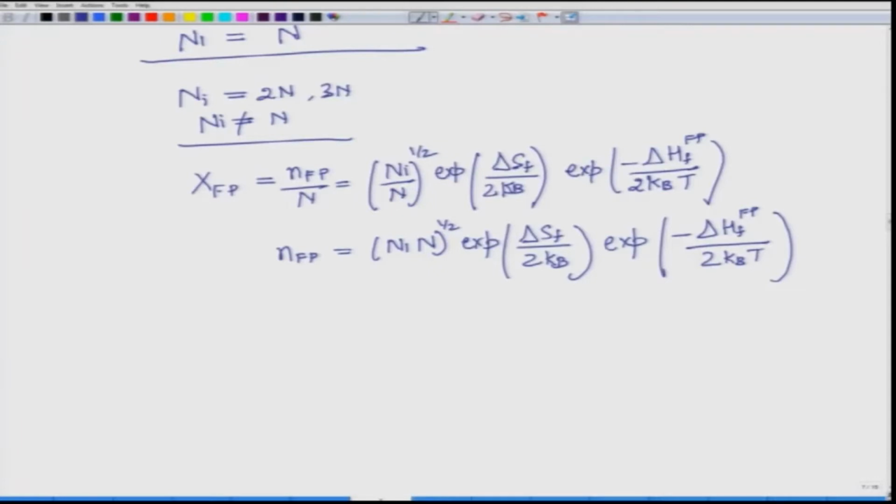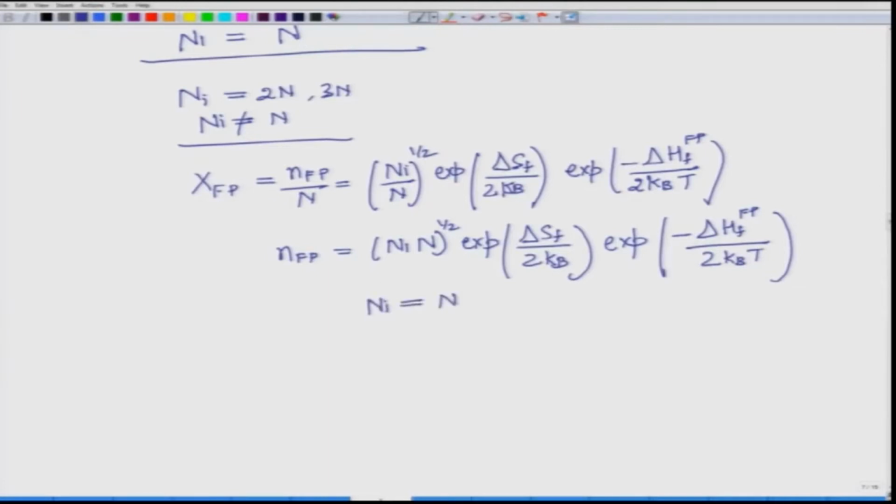You will be able to see when we come to this equation from defect equilibria, treating defects as a reaction. Over there, you would be able to directly see how this comes about when Ni is not equal to n. Now, in this particular case, so far we have assumed Ni is not equal to n.